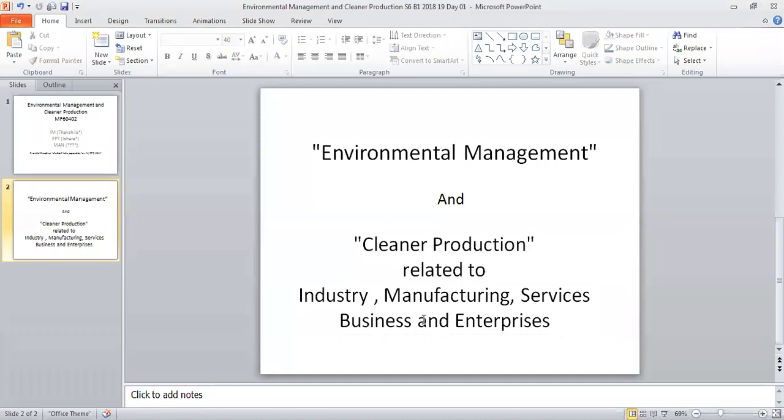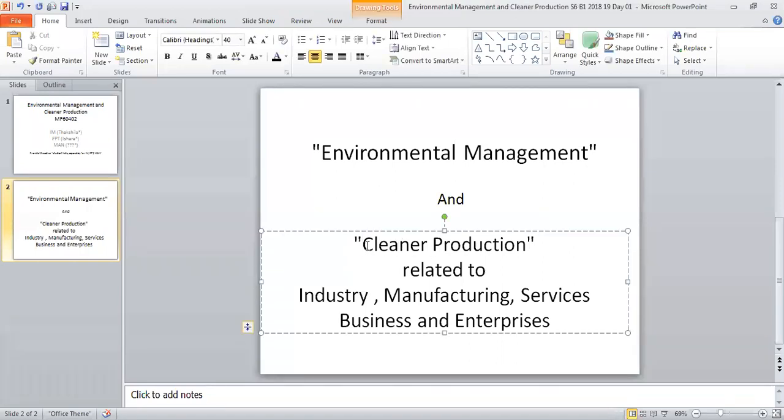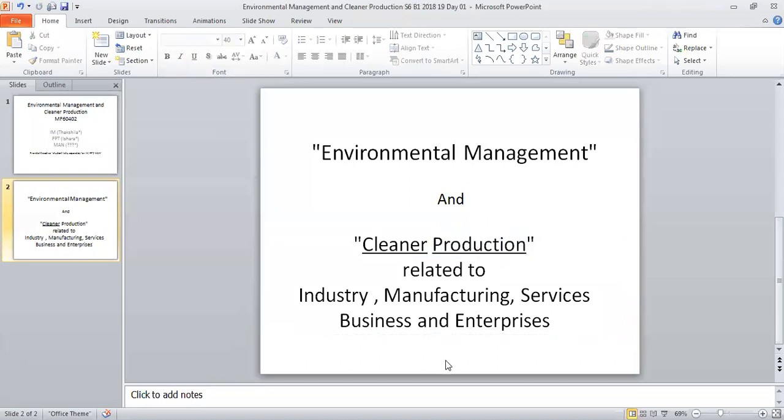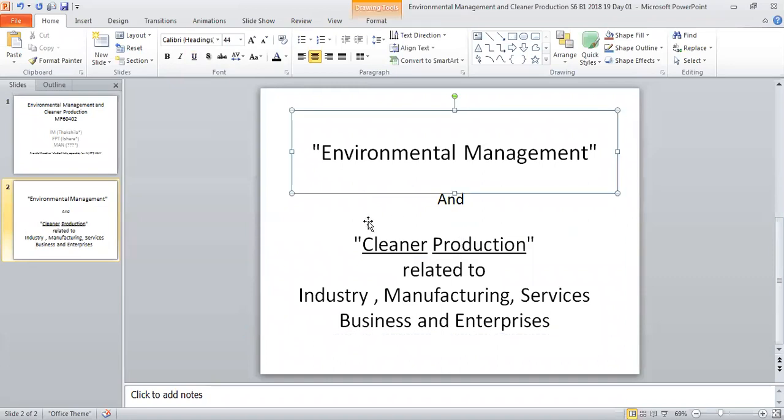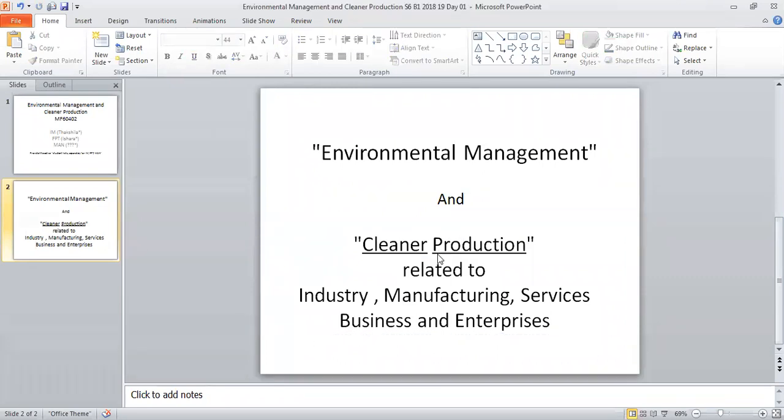Even there can be organizations related to this as well. Here the two keywords: cleaner, they are using the word cleaner, which we will understand later, and then another keyword, production. Okay, cleaner production.